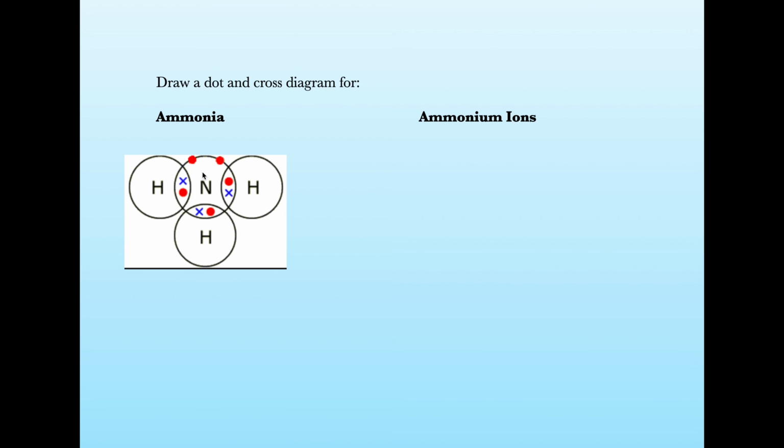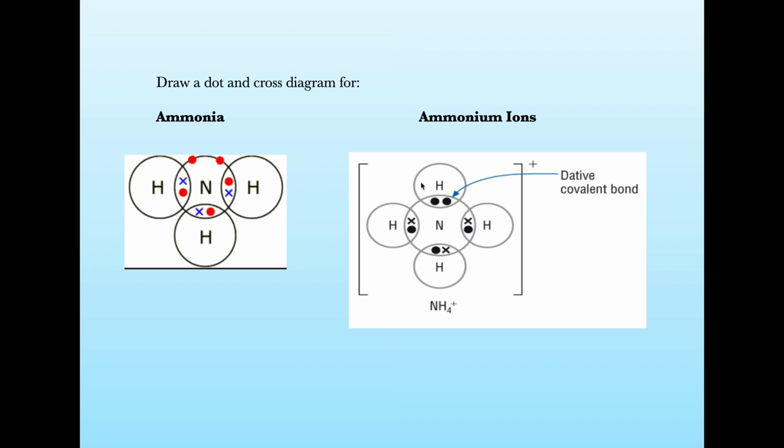So what happens is an H+ comes along and grabs a share of these 2 electrons. It doesn't bring anything to the table. That hydrogen comes along, it's an H+ hydrogen ion, and it just takes the 2 electrons from the ammonia molecule to make ammonium ions, NH4+. Sneaky, no? And that's called a dative covalent bond.